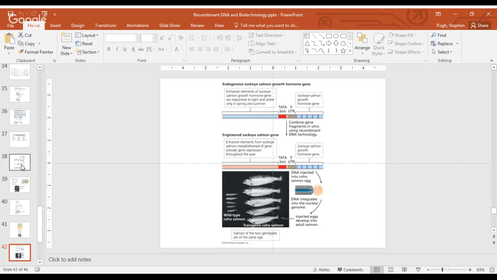We can induce them to grow much more rapidly and really ramp up the food production. And as the world population grows, exceeding 7.5 billion now, there's real demand for rapid production of food, in particular protein-based food. If we can produce larger fish much more rapidly, we can feed a lot more people, and that can be a good thing.